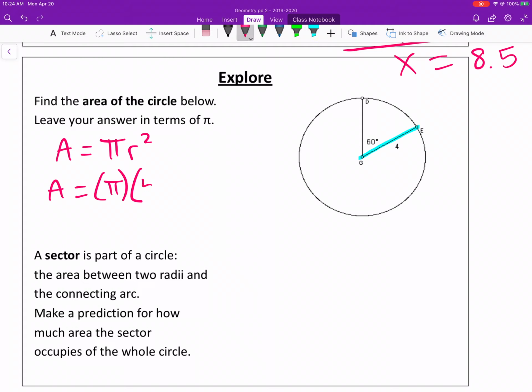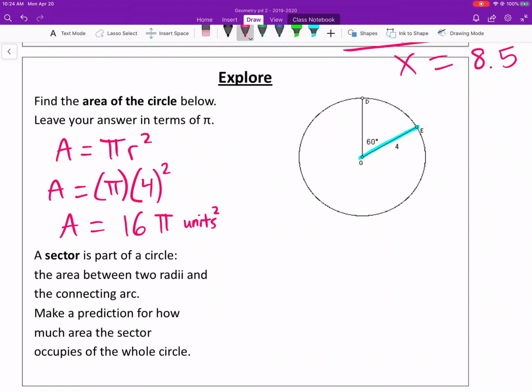So pi times 4 squared. Leave the pi, don't multiply by pi, it just hangs out at the end. So this would be 4 squared is 16 times pi, and it's units squared. They didn't give us units, so we just write out units squared. So 16 pi.